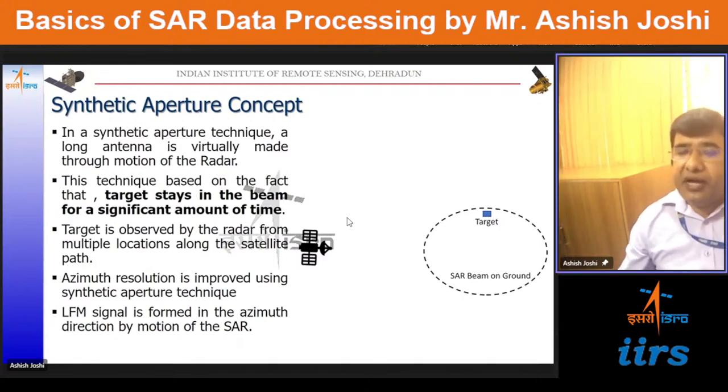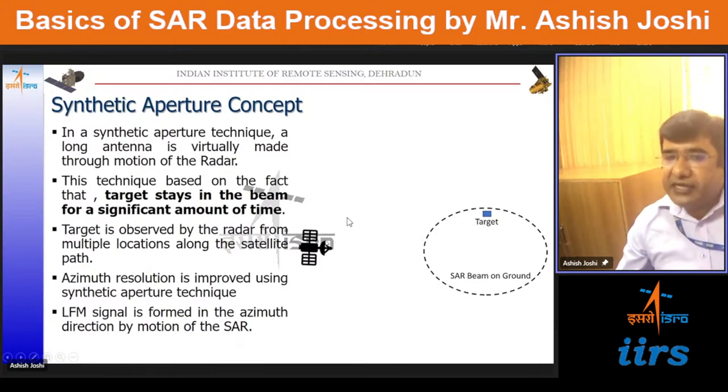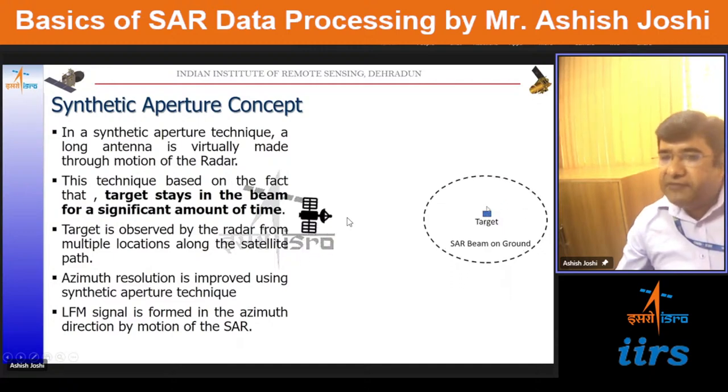Okay, as you can see, this is the radar, this is the target, and this is the SAR beam on the ground. You can see this target is in the SAR beam. When the radar moves in this direction, the target will remain in this beam.